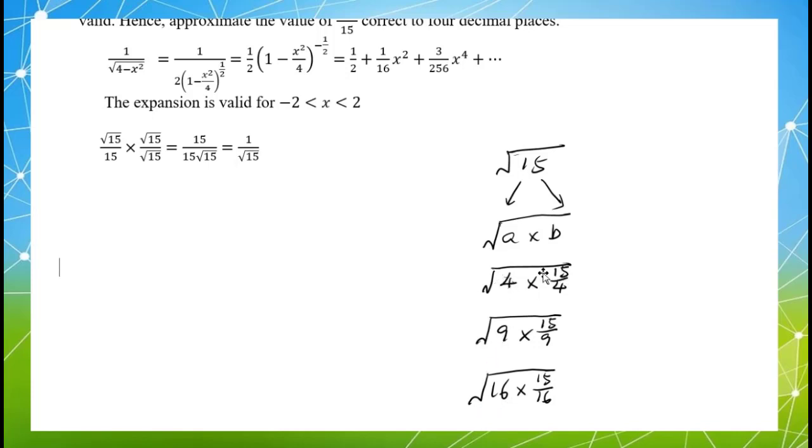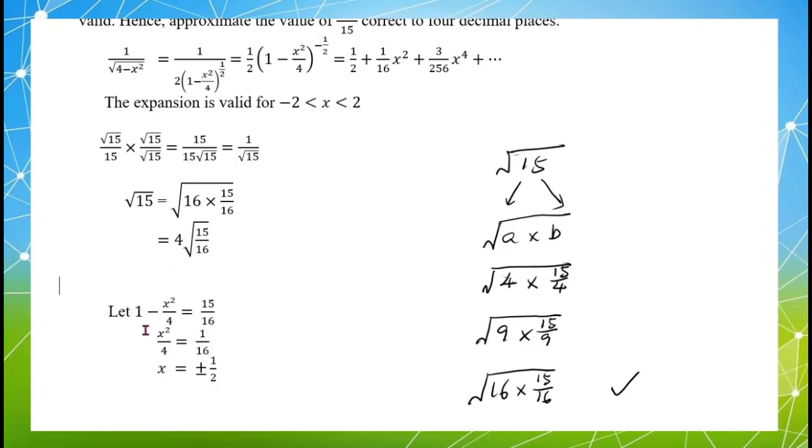Then B is simply 15 over the value of A. We should take the value of B which is approximate to 1, so we take this one. Now I change 15 to 16 times 15/16. When I simplify, I get 4 times square root of 15/16.